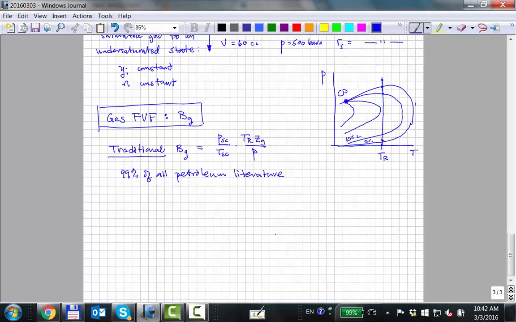The problem is that it is not the equation we want to use, because this equation basically assumes that little rs is 0, that there is no surface condensation of liquid from the gas. And that's almost never the case.